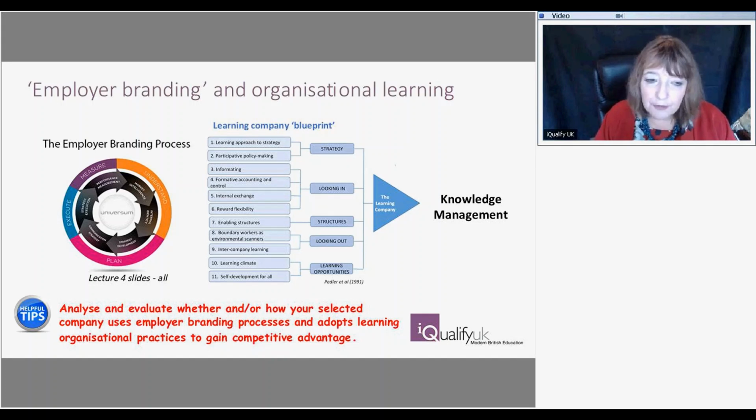So the helpful tip there is about analysing and evaluating whether and how your selected company uses employer branding processes and adopts learning organisational practices to gain competitive advantage. And all these little questions under helpful tips are the ones that you need to answer for your assignment.